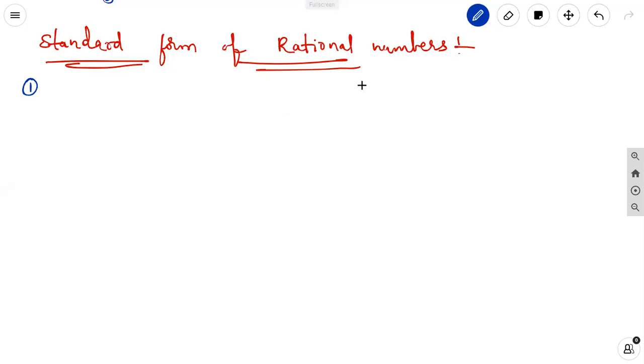Standard form of the rational number. The rational number form is a by b, for all a, b belongs to Z and b is not equal to 0. This is the rational number set form. In standard form, the numerator and denominator have only one as the common factor. That is one thing.